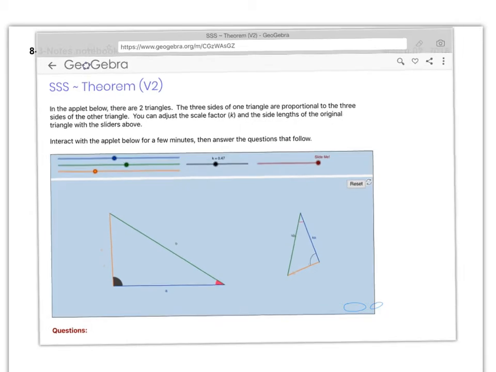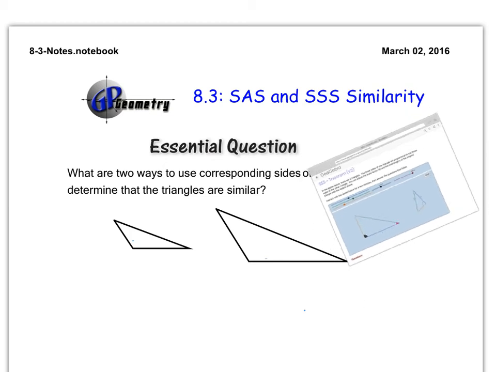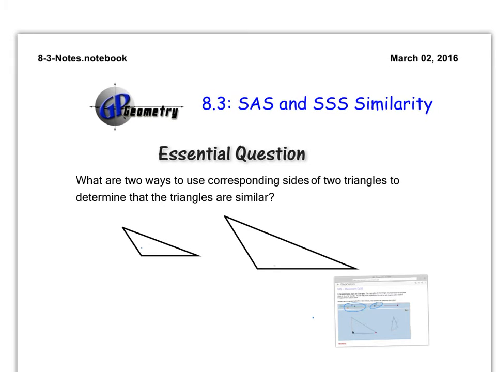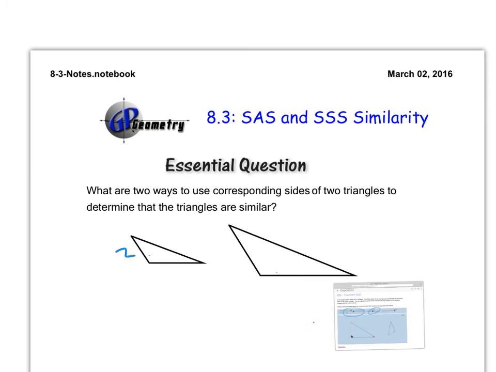So, moral of the story is this: we can get two similar triangles if we just know the sides. So if we have 2, 3, and 4, and let's say this is like 6, 9, and 12. Notice they're all 3 times bigger. If they're all the same multiple, they're all proportional, then the triangles are similar.